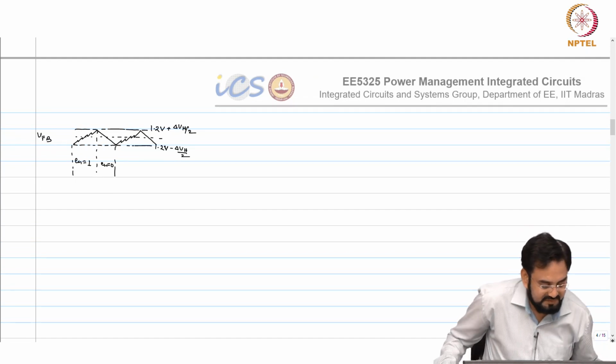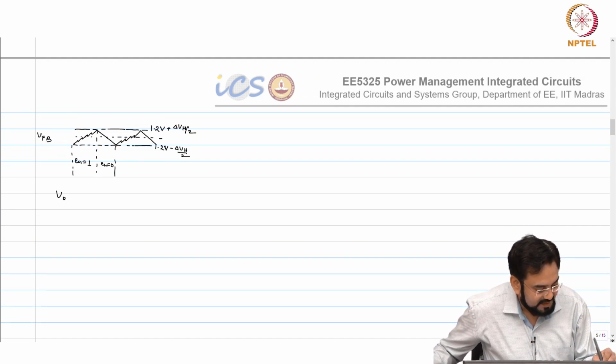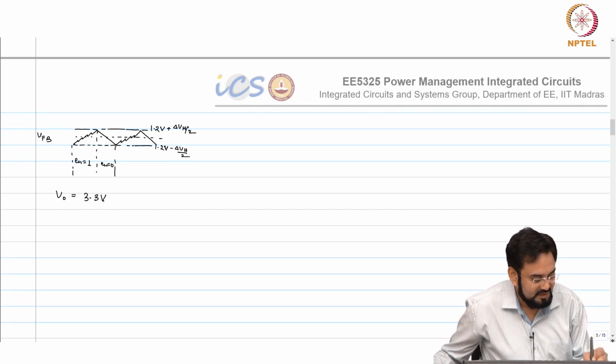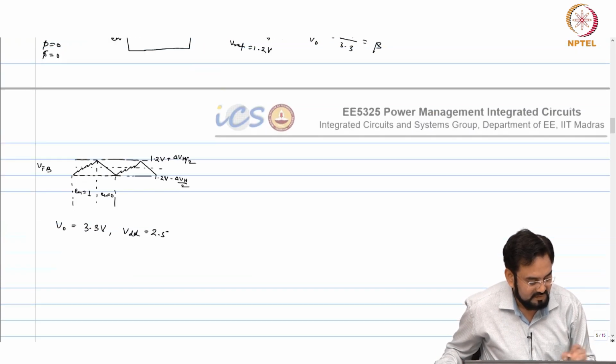If you look at the efficiency curve, your V out is 3.3 volt, VDD is 2.5 volt.